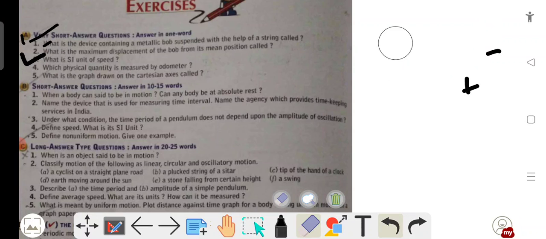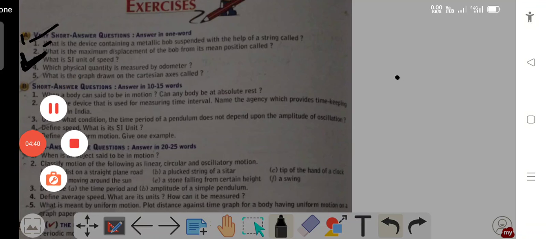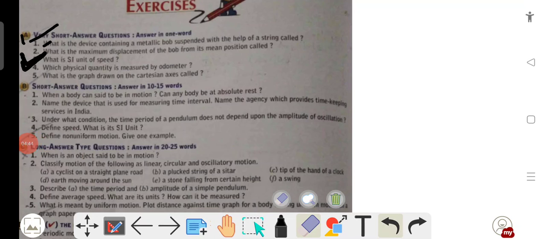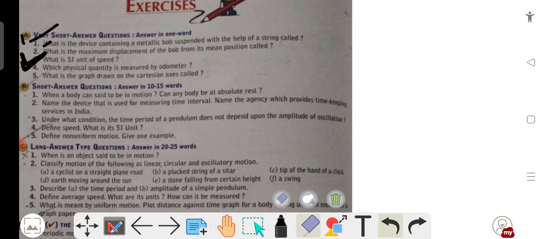Now in the next question, number 4, which physical quantity is measured by the odometer? The odometer and the speedometer are two important parts. By the odometer, the physical quantity measured is distance traveled, and by the speedometer, speed is measured.